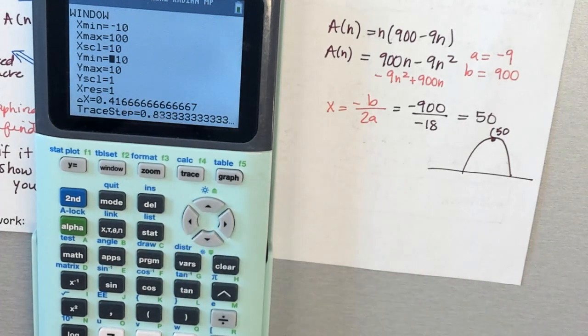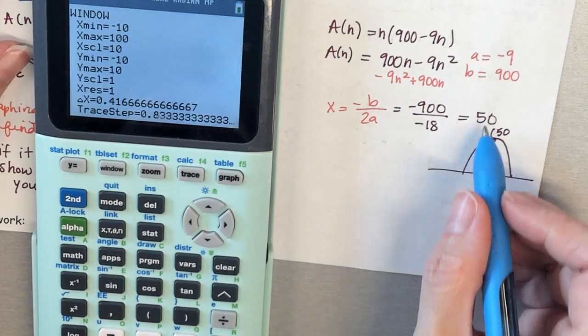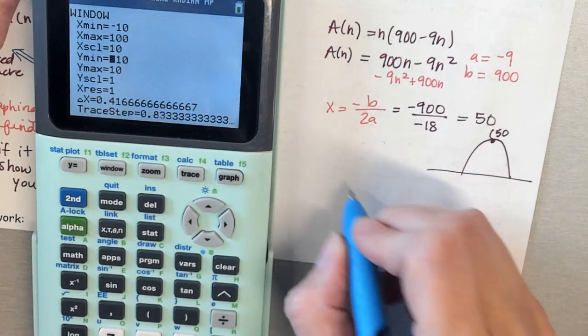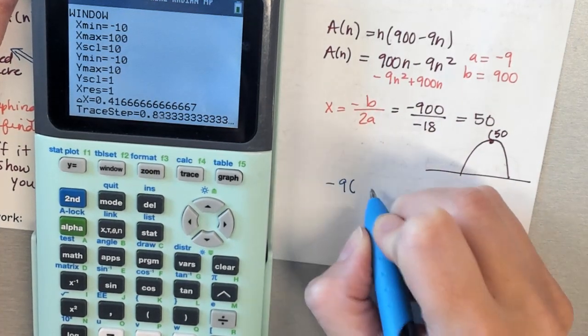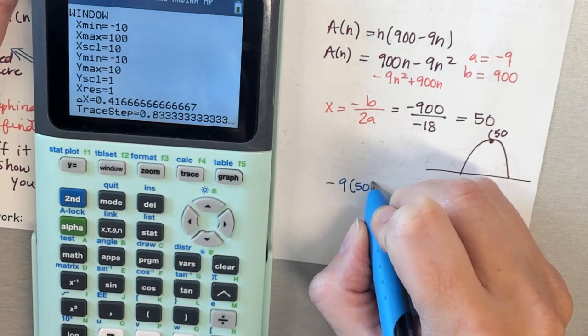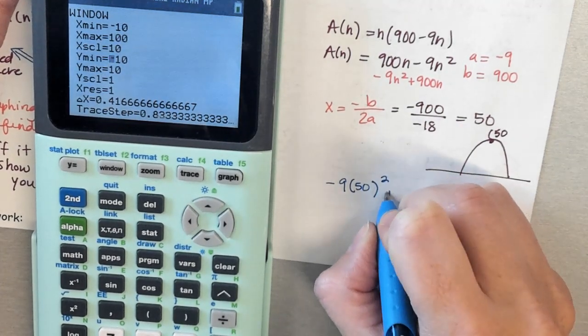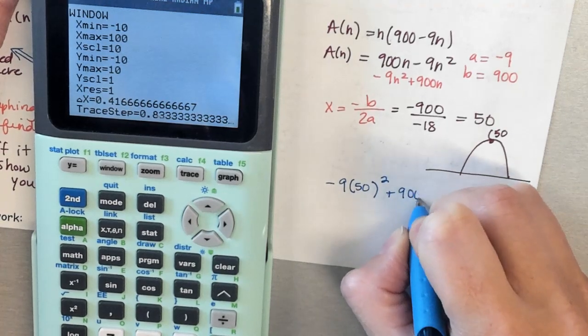If you wanted to know what the Y is, you could also just plug that back in. So you plug in 50: negative 9, 50 squared, plus 900 times 50.